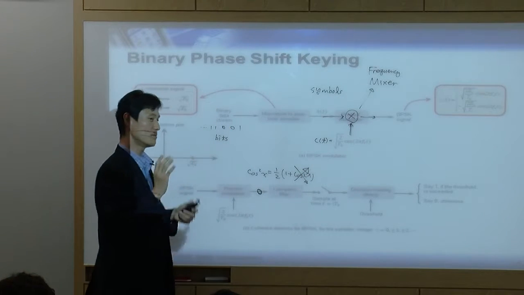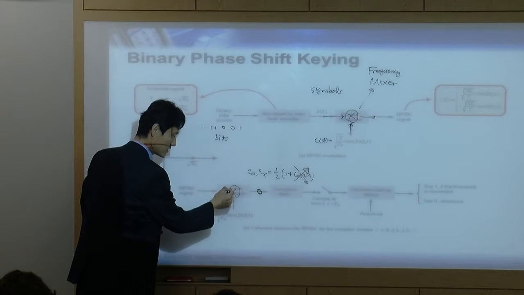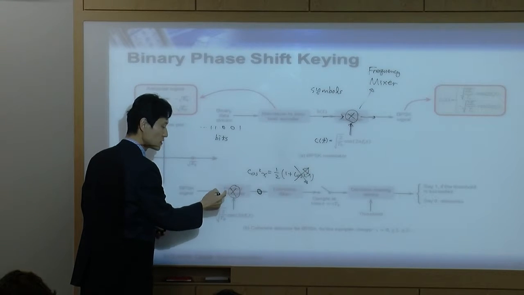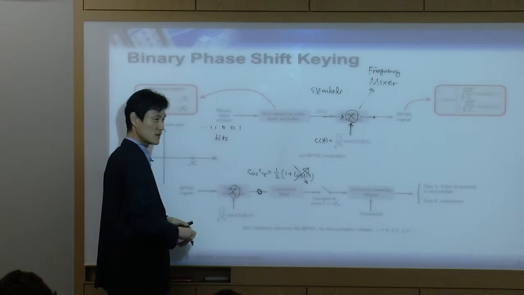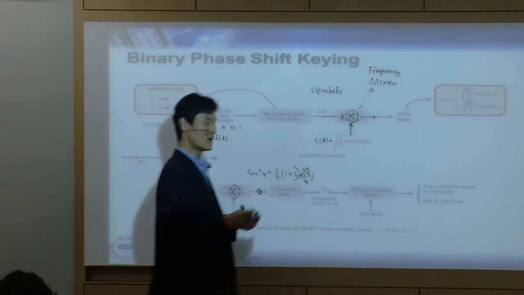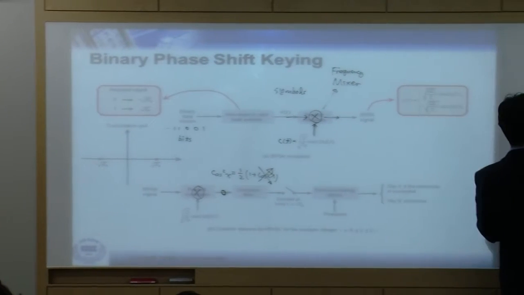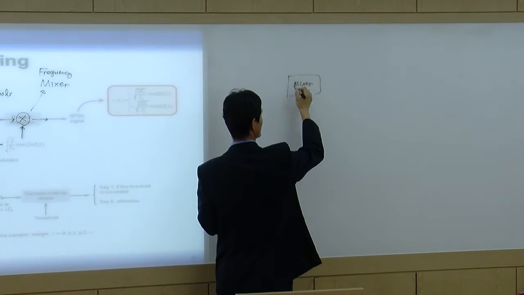Simply speaking, every time you use a mixer, you should have a filter right after that. What was the reason? We discussed this many times last semester. Very simple. Think about the mixer. Let's say here is a mixer. What is a mixer, by the way?